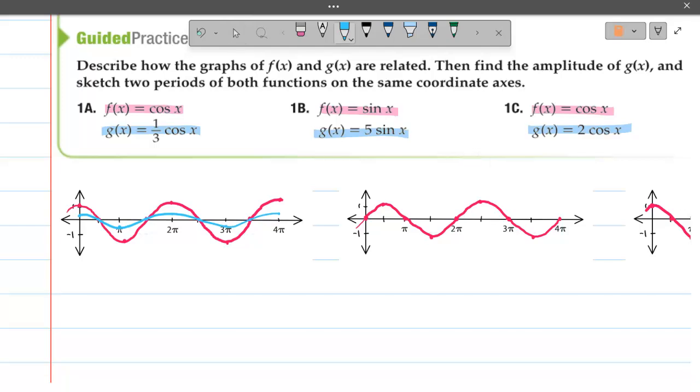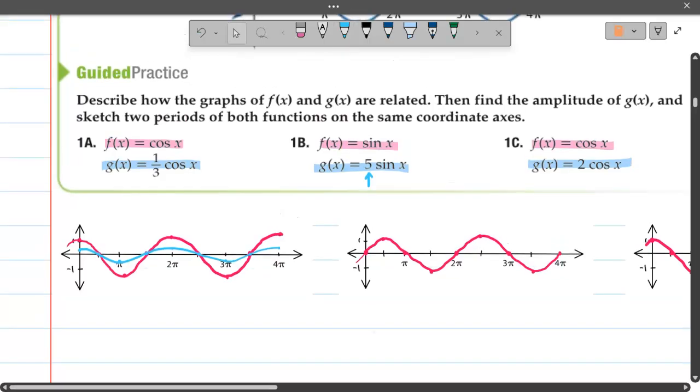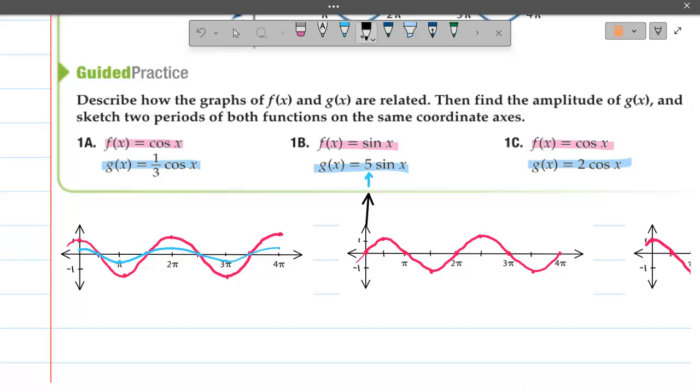Next, we'll take a look at this one with an amplitude of 5. We're going to need to actually extend our graph a little bit because it doesn't go up high enough or low enough. Okay. So I have 1, 2, 3, 4, 5 would be all the way up here. -1, -2, -3, -4, -5 would be down here.